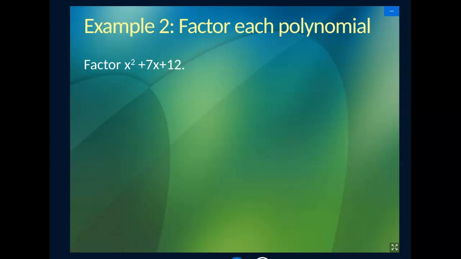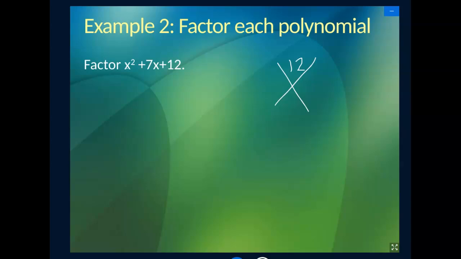Factoring, like I said, is FOIL in reverse. So I use a technique, and you don't have to show it, but it's sometimes helpful if the numbers are larger. You're taking the coefficient of the first term, which is 1, times the coefficient of the last term, which is 12. So we get 12.